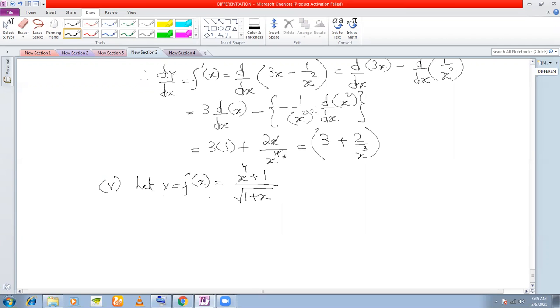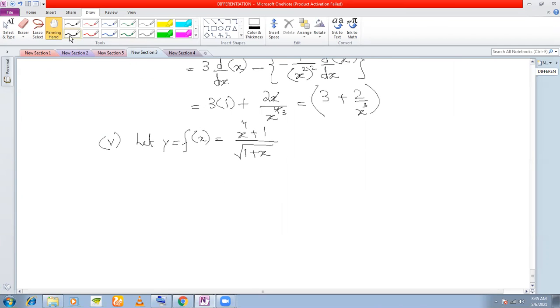Okay. Now you cannot do much with this. You have to use your u by v rule. So let us use the u by v rule directly. dy/dx is equal to f dash x is equal to d/dx of x to the power of 4 plus 1 by root 1 plus x. U by v rule, if you remember, it is v du/dx.